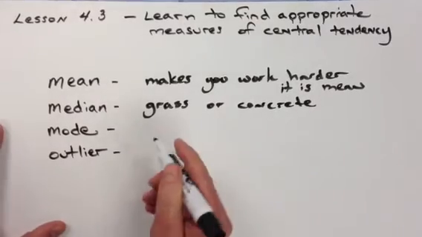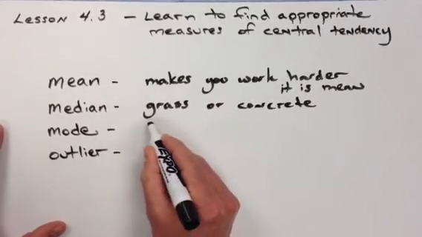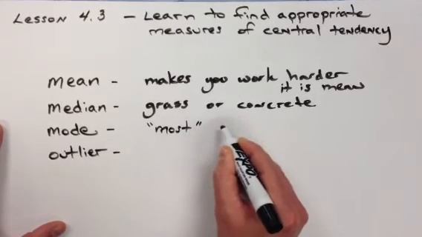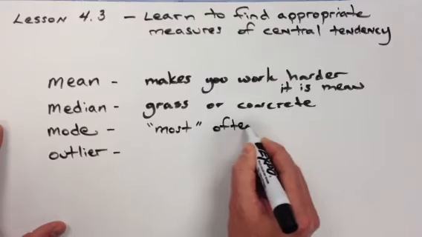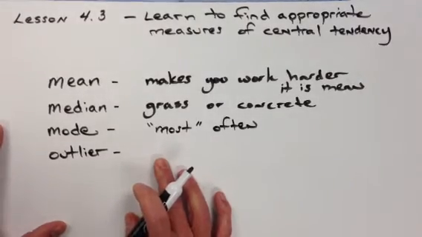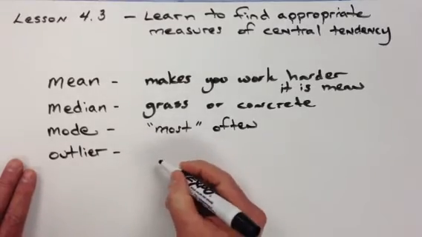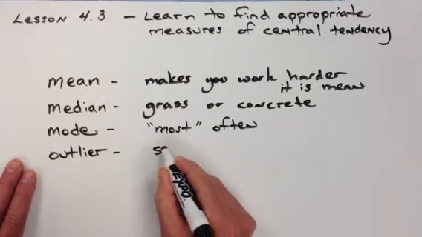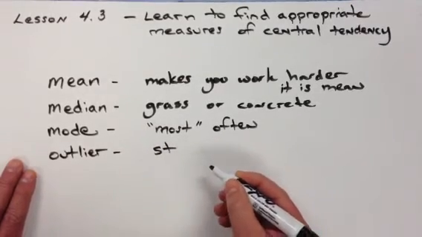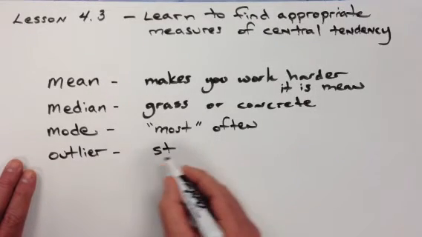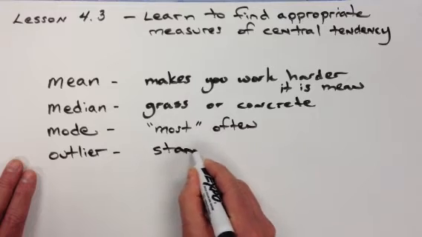Mode is often referred to as most often. And then lastly, outlier is something that actually stands out. It's typically a very high number or a very low number, but it's different than the set of data that you're working with. Stands out.